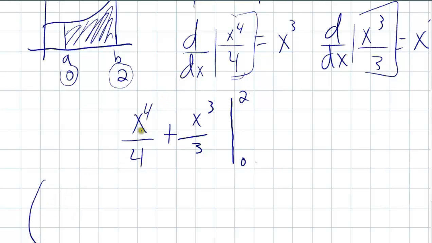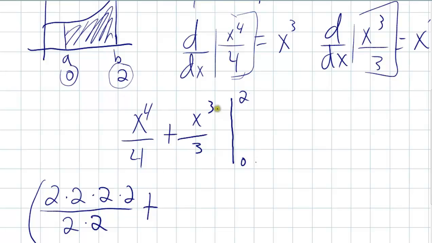So 2 to the fourth power, I'm going to write that out as 2 times 2 times 2 times 2. And 4, I'm just going to write out as 2 times 2. And I'm going to say plus 2 to the third power, and I'm going to go ahead and evaluate that. So 2 times 2 is 4, times 2 is 8. So here we have plus 8/3.